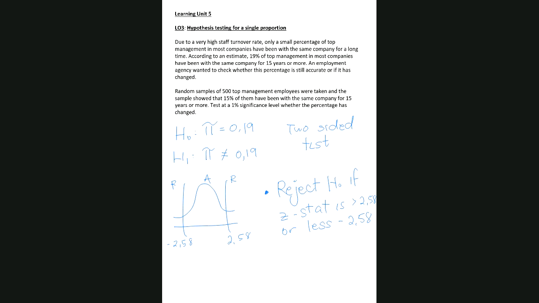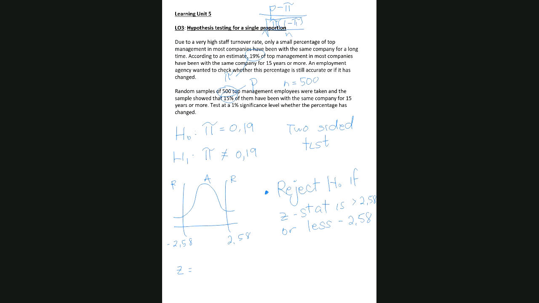We then go to the next step, which is to calculate your Z value, which as you know is p minus pi over the root of pi multiplied by 1 minus pi over n. So here your p value, remember, was 15%, your pi value was 19%, and your n, your sample size, is 500.